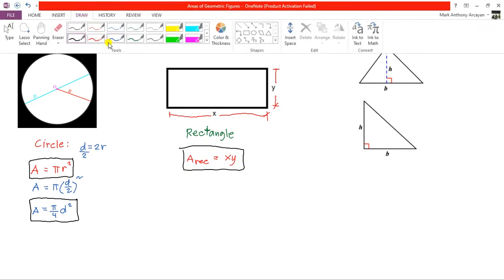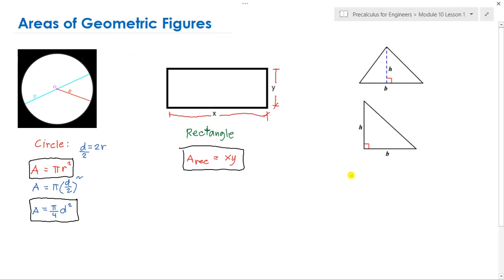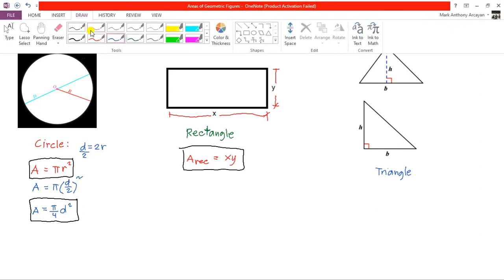And how about the third figure? This is a triangle, a shape composed of three sides. There are many kinds of triangles: the equilateral triangle, where all sides are equal; the isosceles triangle, where two sides are equal; and the scalene, where none of the sides are equal.